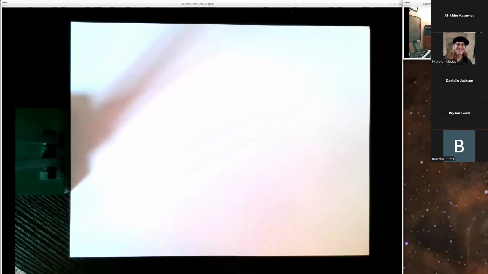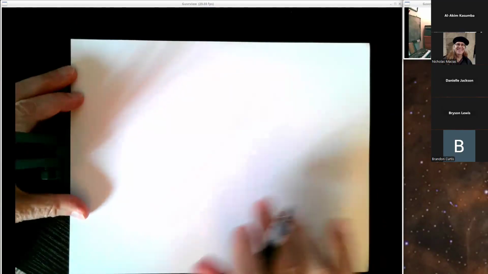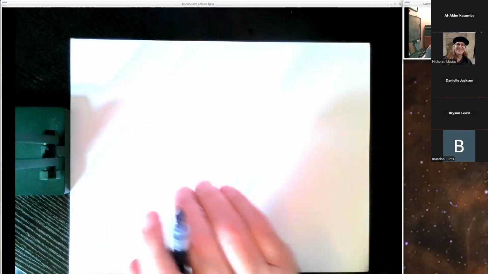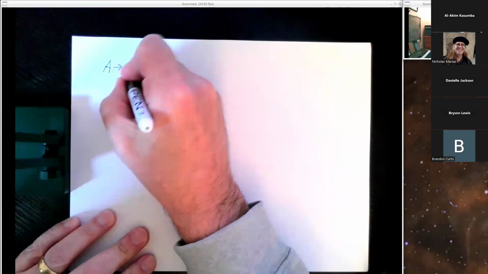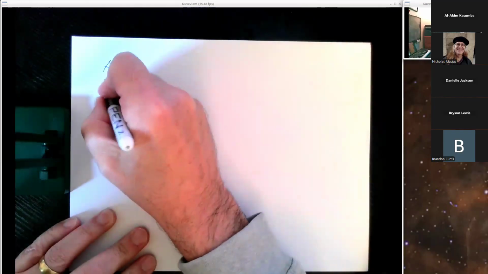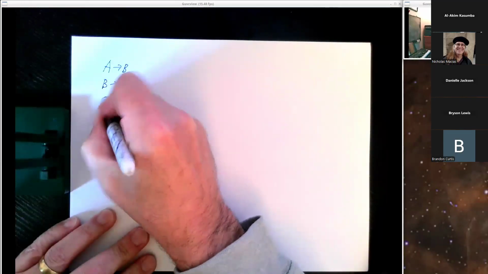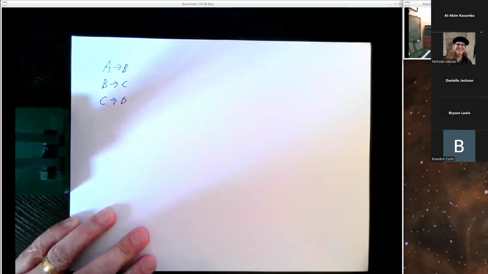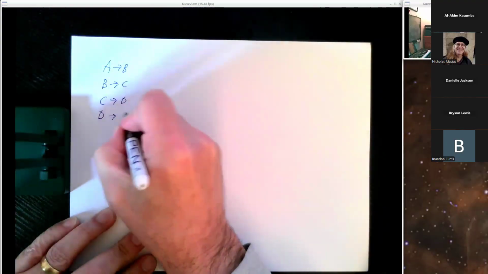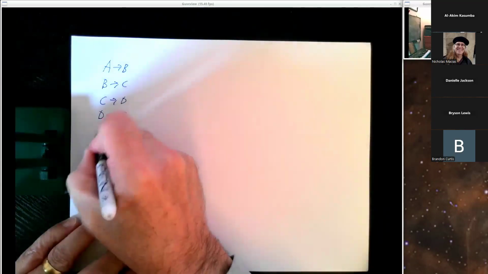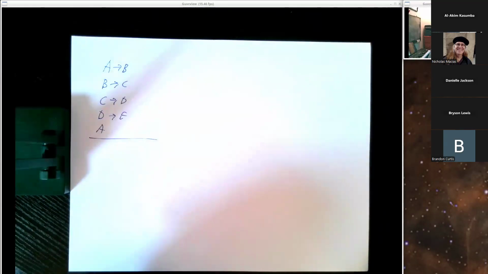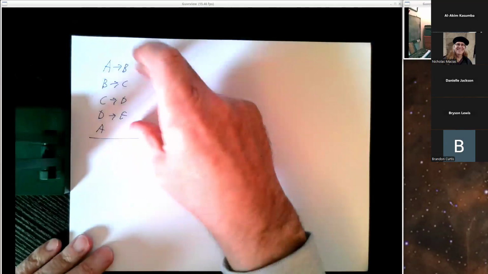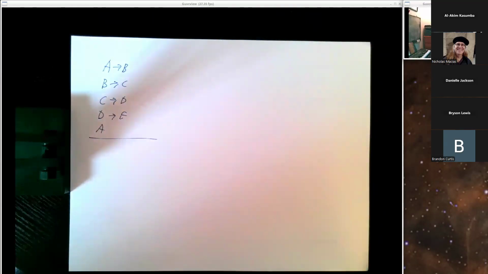Okay, so let me give you some other laws of logic, and then let's look at why we care about this. Suppose I know if A, then B, and I know if B, then C, and I know if C, then D, and I know if D, then E, and I also know A. What can I conclude if I know that all five of these things are true?